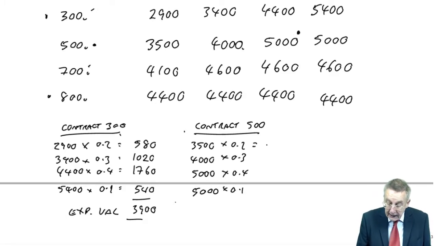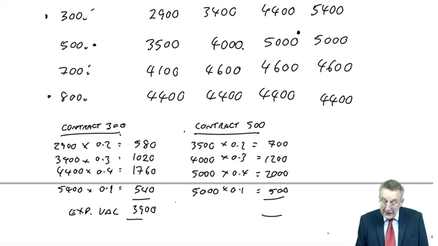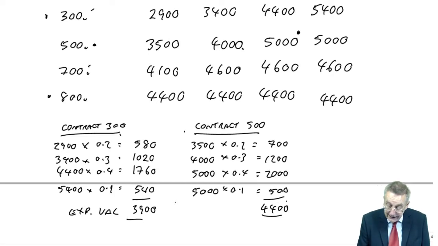Multiply and add, it gives us 700, 1,200, 2,000, 500. The total is 4,400. Yeah.